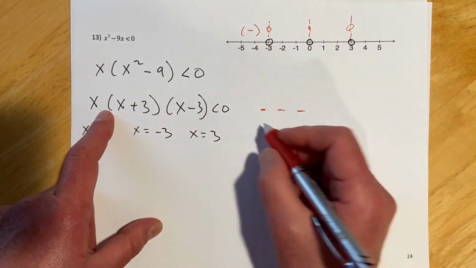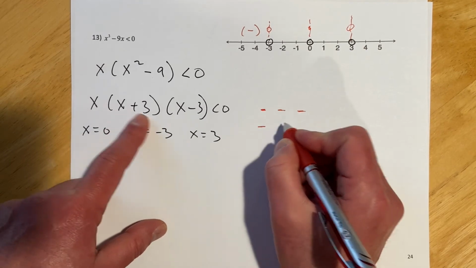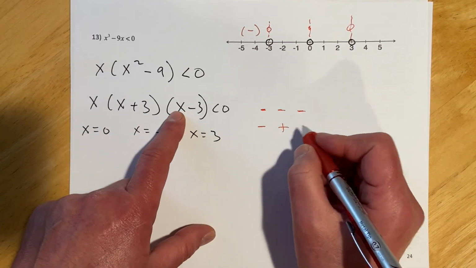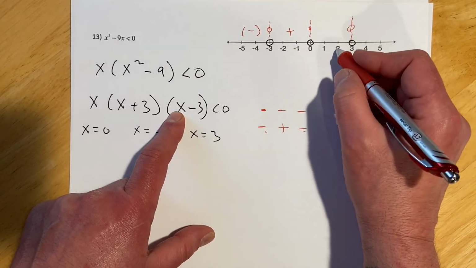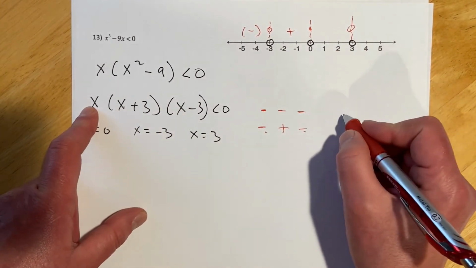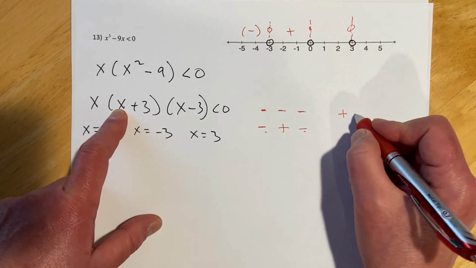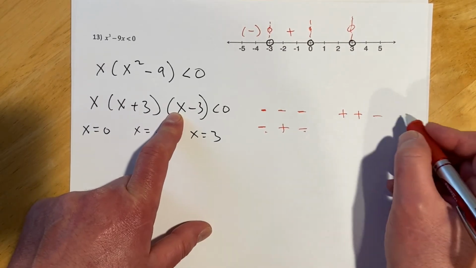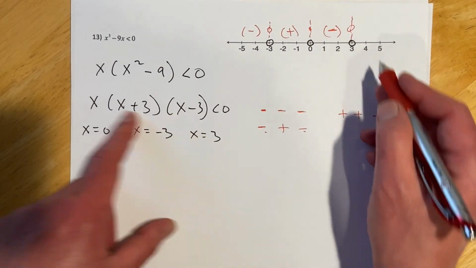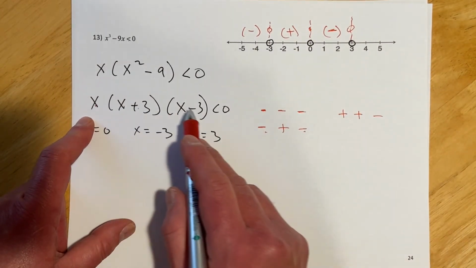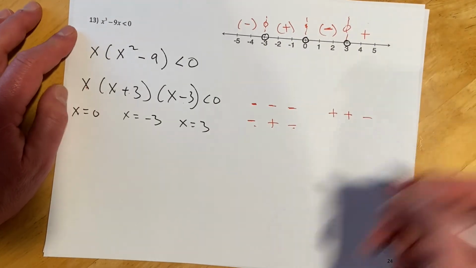If I put in -1, this would be negative, positive, negative. 2 negatives would make a positive. If I put in 1, I would have a positive and a negative, so that will be negative. And then if I put in 4, as you can probably guess, positive, positive, positive, so that will be positive.